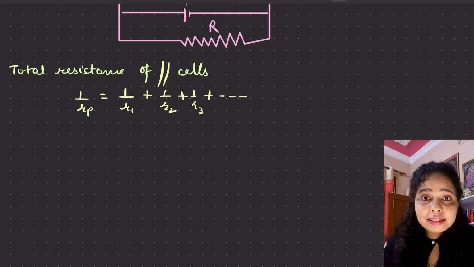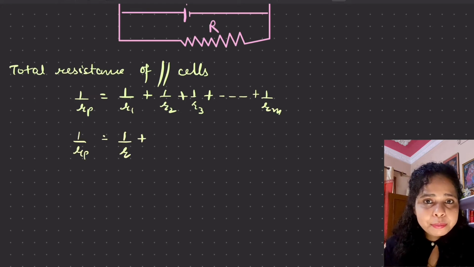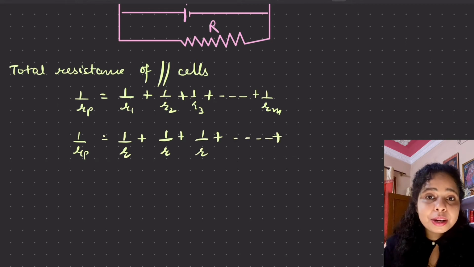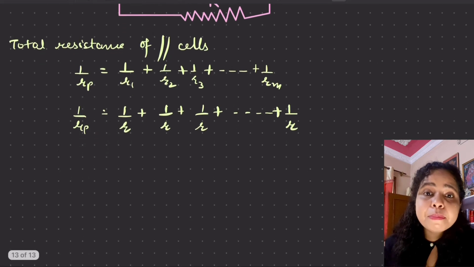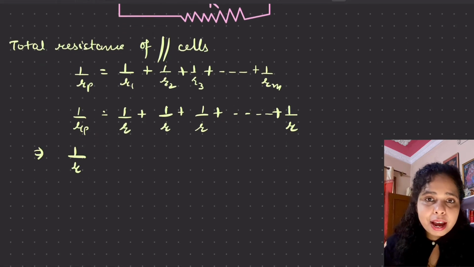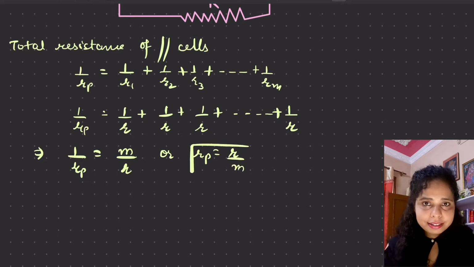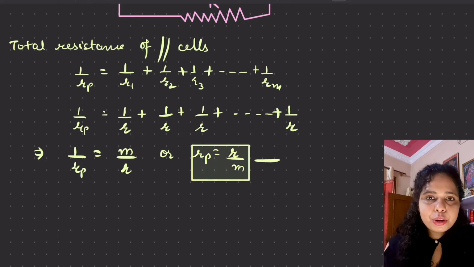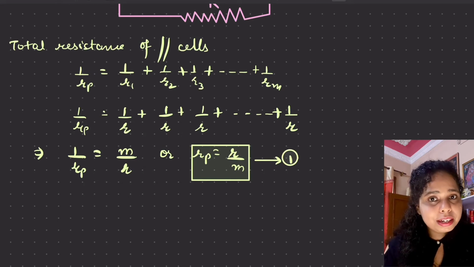But these cells have the same resistances, therefore 1 upon Rp is equal to 1 upon r plus 1 upon r plus and so on, up to m number of terms. Therefore we have 1 upon Rp equal to m divided by r, or taking the reciprocal, Rp equal to r by m. This is the first equation. We will mark it and keep it aside because we are going to use it later on.